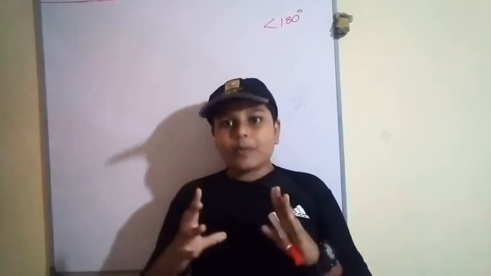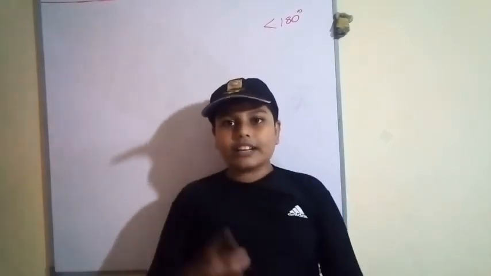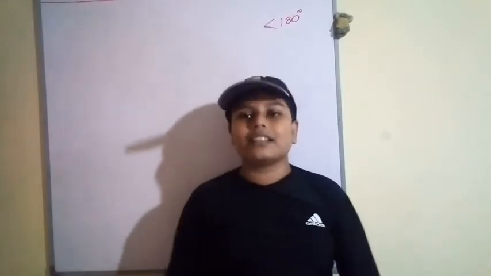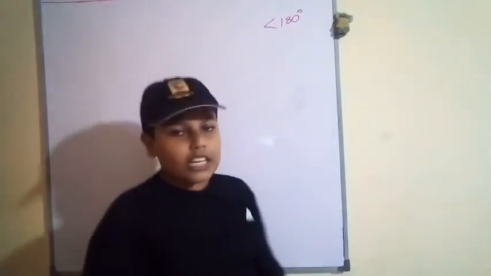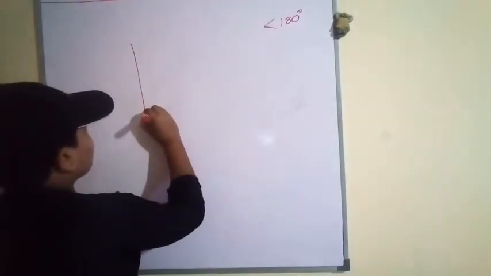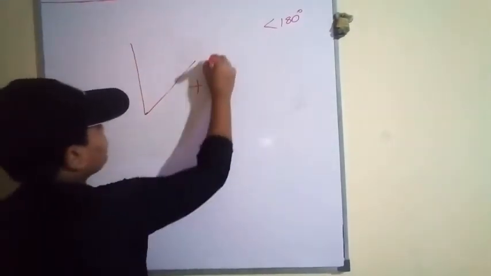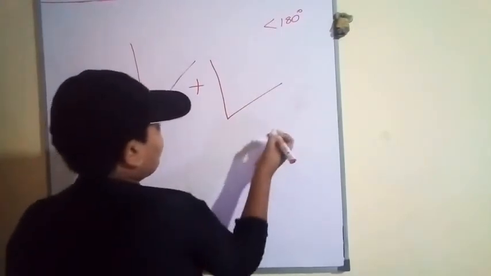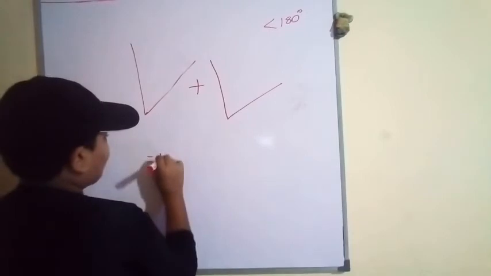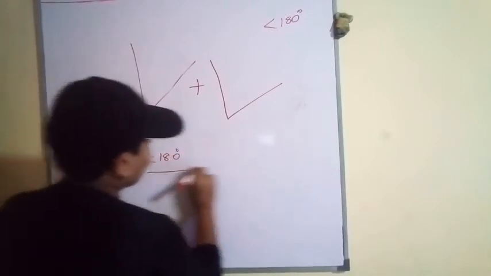If the sum of two angles is 180 degrees, those two angles are each less than 180 degrees and added together give 180 degrees, which is called supplementary angles. Now, if you get this plus this, what is the answer? 180 degrees.